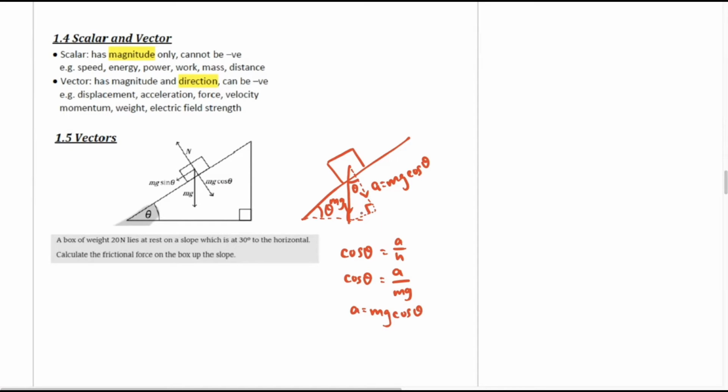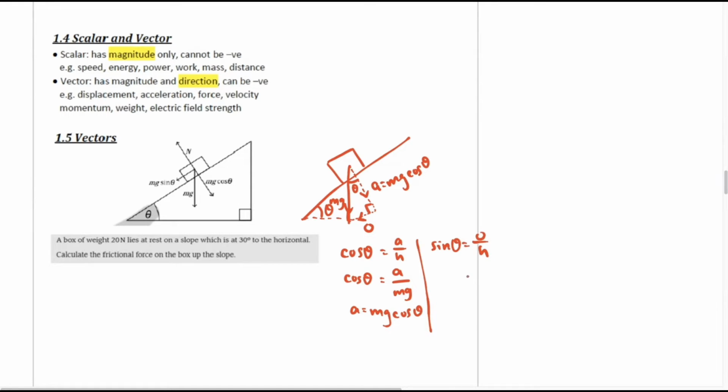Whereas this one is parallel with the plane, or parallel with the slope. To find this, you need to know this is the opposite. So we have the opposite together with the hypotenuse, and we can use sine theta equals opposite over hypotenuse.